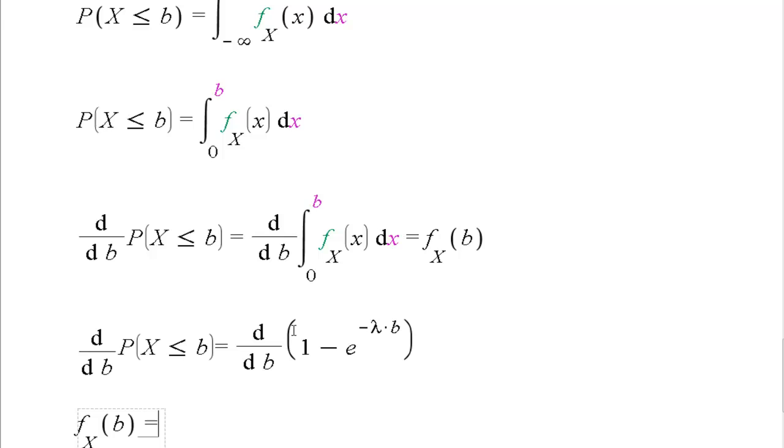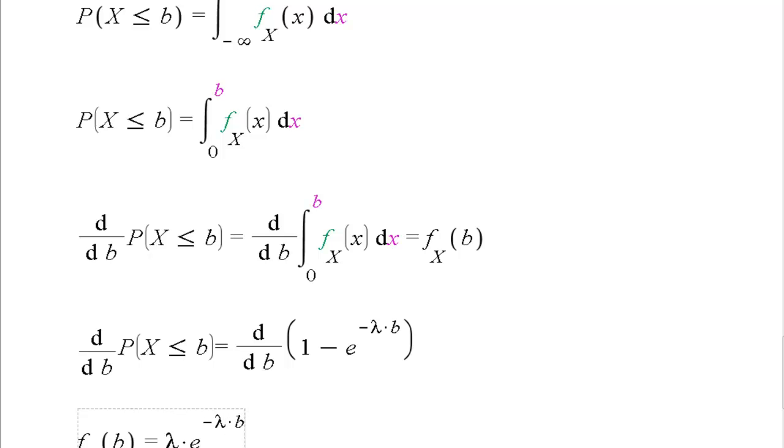Well, the derivative of a constant is 0, and the derivative of e to a power is just e to that power, but then the chain rule says I need to multiply by the derivative of the power. And the derivative of minus lambda times b with respect to b is just minus lambda. So I have negative minus lambda, that's positive lambda, times e to the power of minus lambda times b.